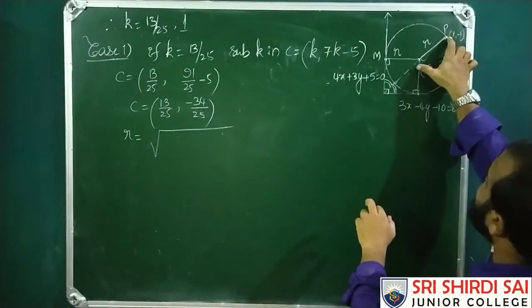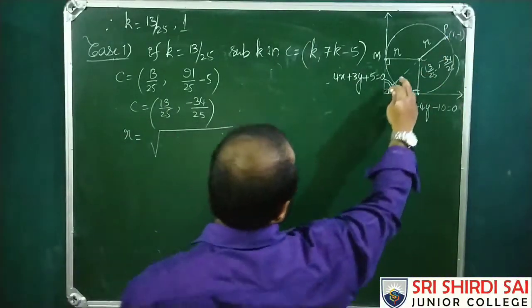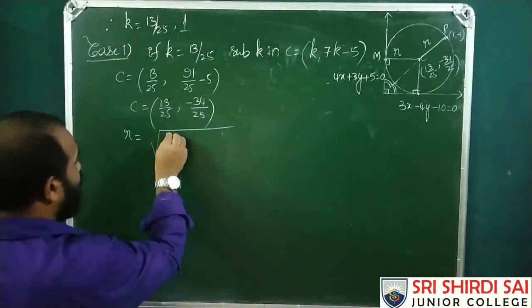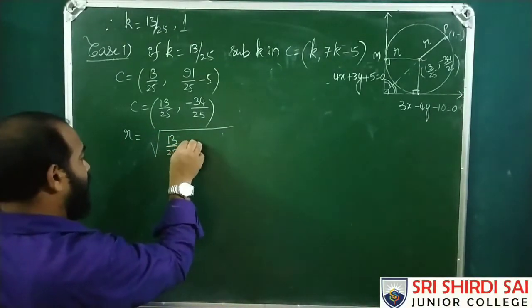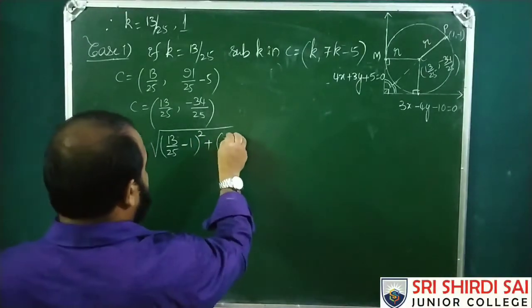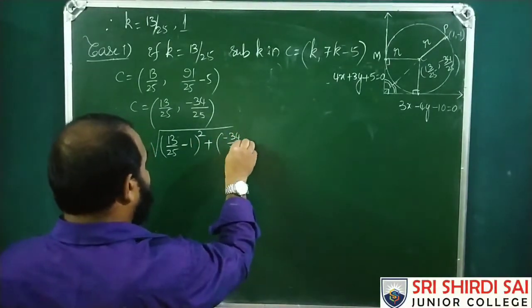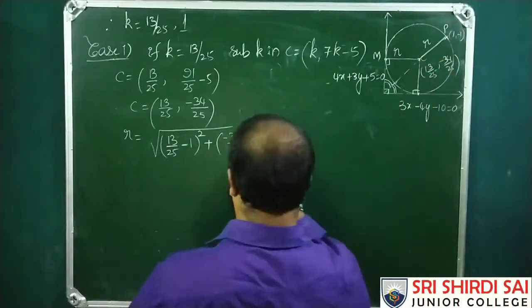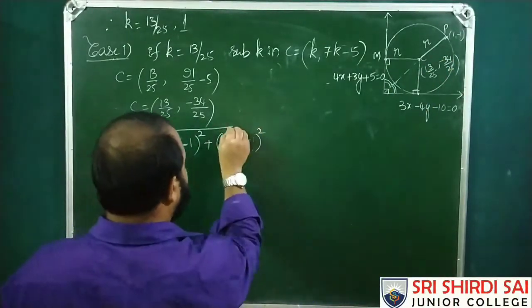So the radius is the distance between the 2 points: 13 by 25 minus 1 whole square plus minus 34 by 25 minus of minus 2 plus 1 whole square.